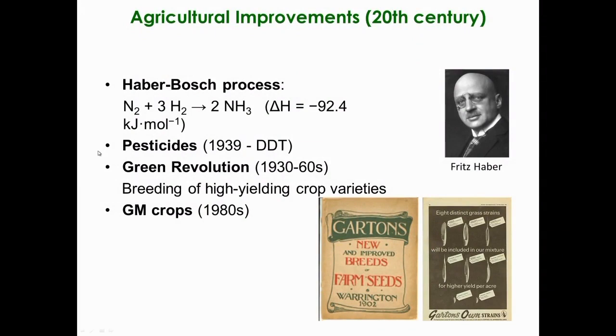Also, during the 20th century, we saw the invention of a number of different pesticides, notoriously DDT, this incredibly toxic chemical that started to be used in the late 30s and 40s.